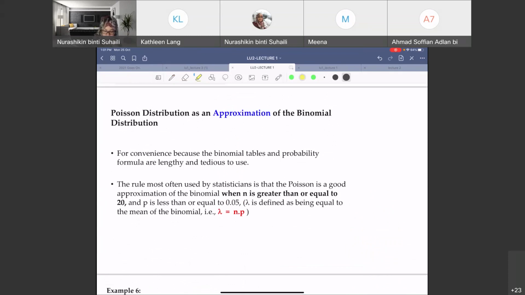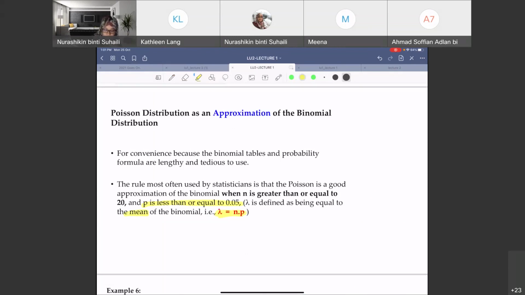The first one is that p should be less than or equal to 0.05. And then how are we going to find the mean? Because if the binomial mean is not stated, we have to use this formula: lambda equal to n times p.